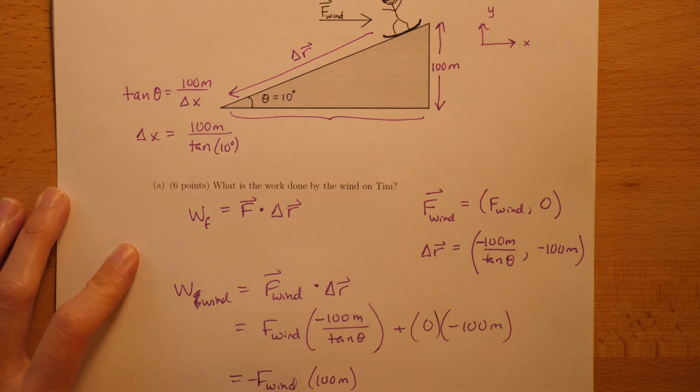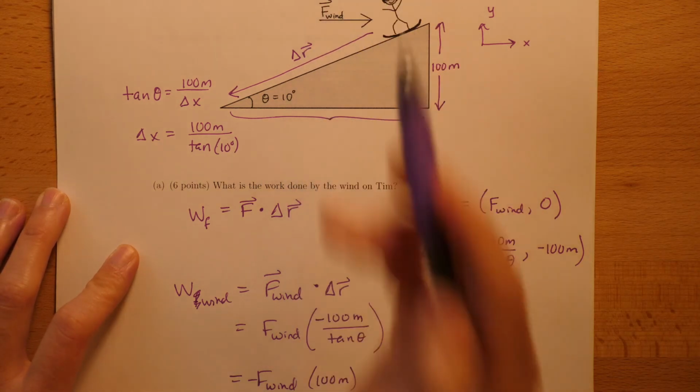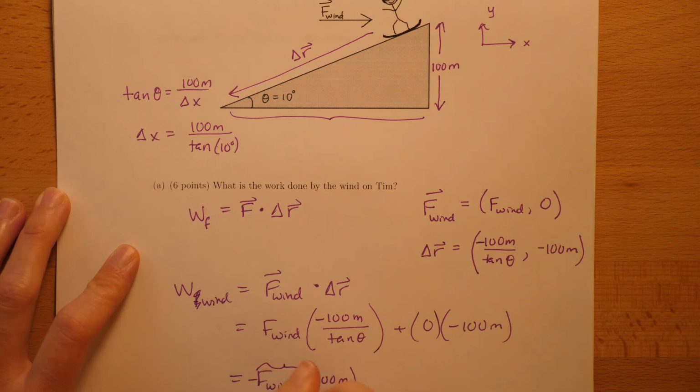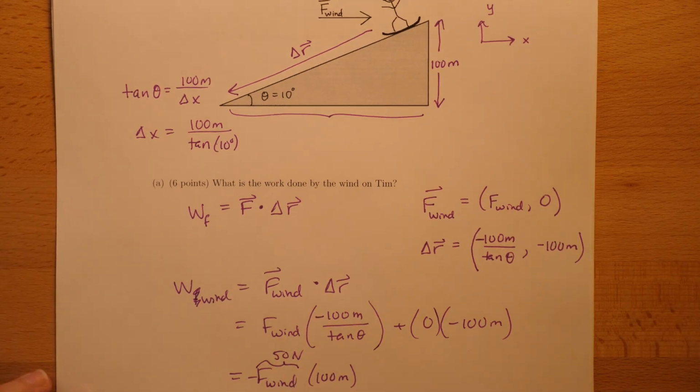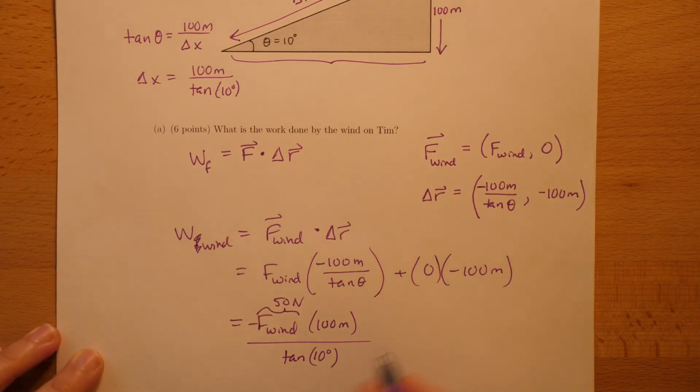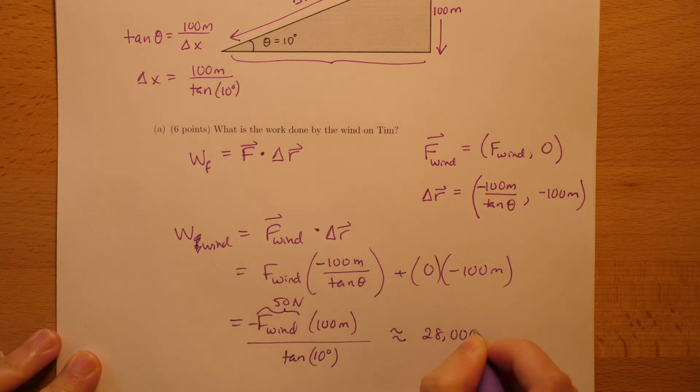And we're told that the force of the wind is 50 newtons. So if we plug in 50 newtons here, we're going to get about 28,000 joules.